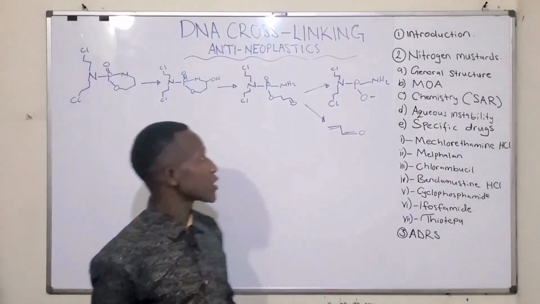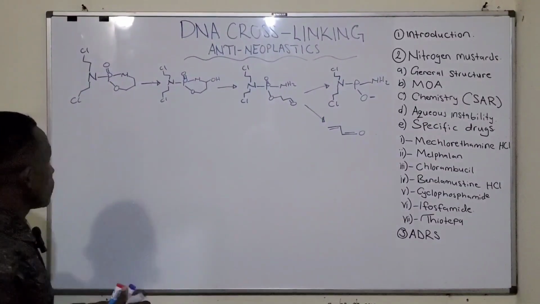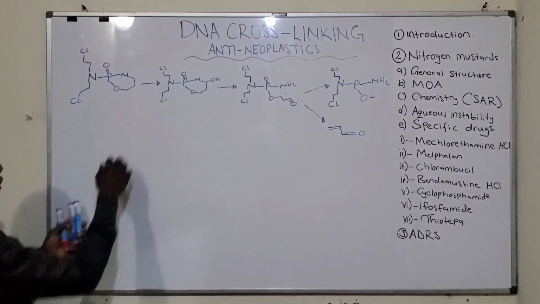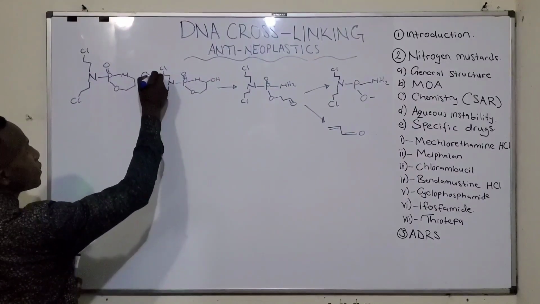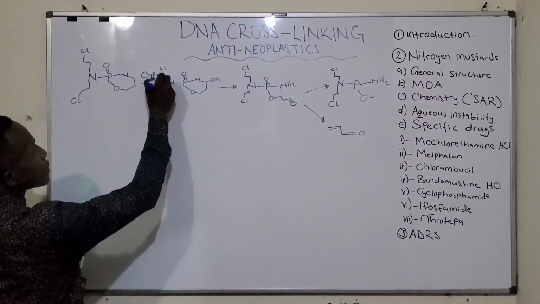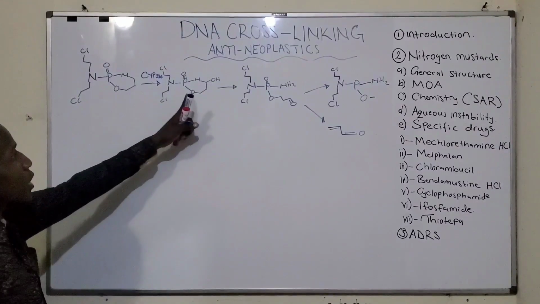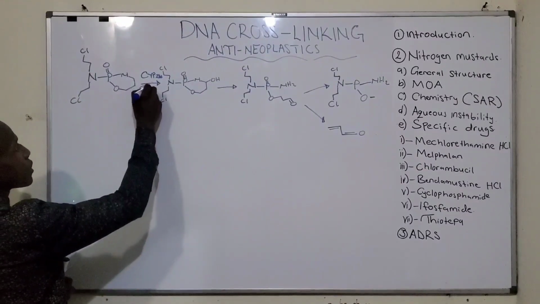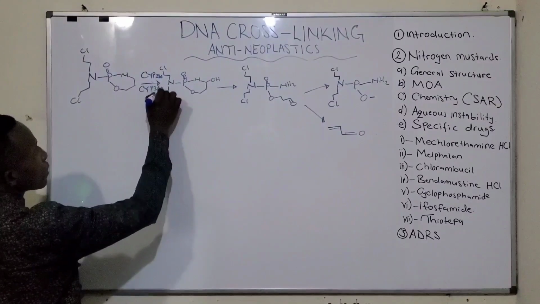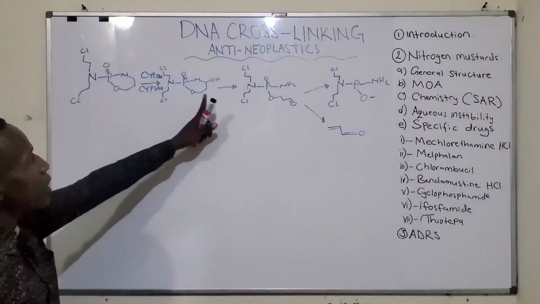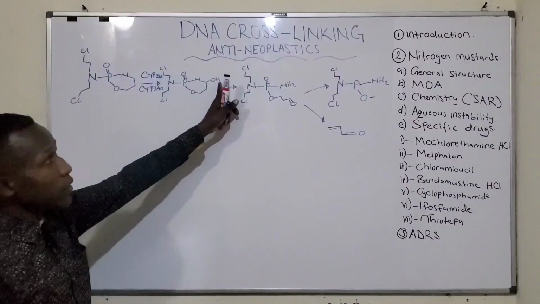As we said, cyclophosphamide is a prodrug and its activation involves the CYP450, where we have CYP2B6 as the main enzyme for its activation, but also CYP3A4 can activate the drug, giving us the hydroxylated drug.